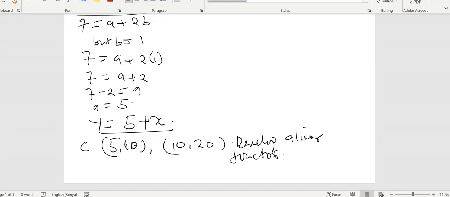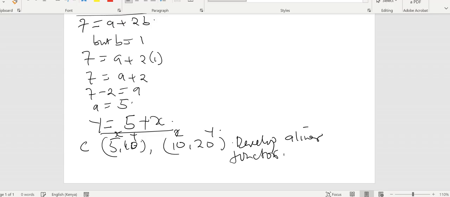We'll do the same method. Can you try? 5 can be x and 10 to be y. In the first case this is x, y, and x, y.